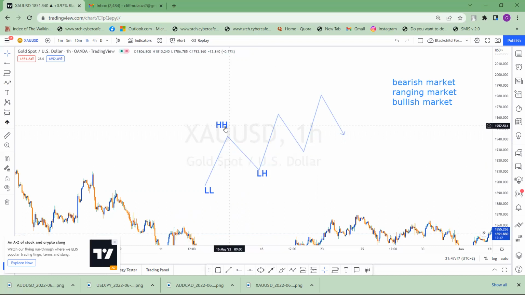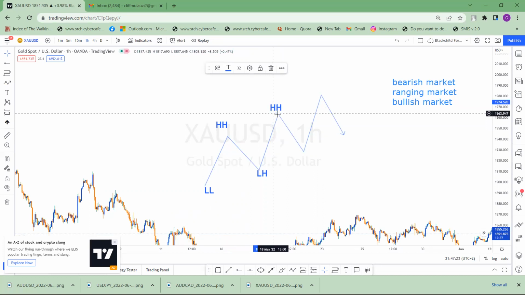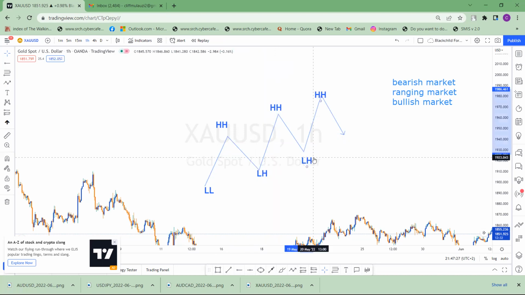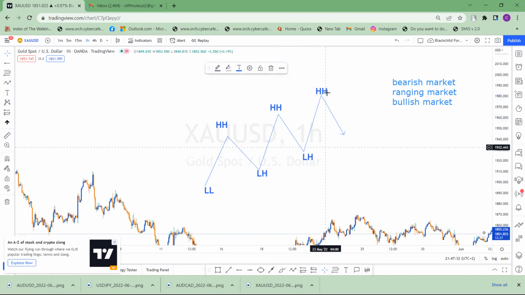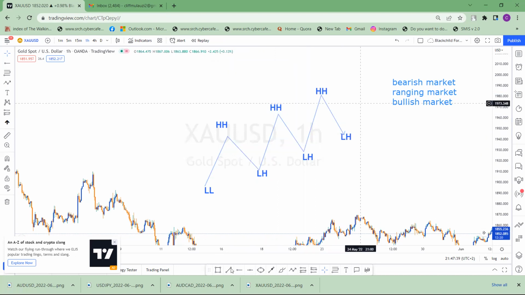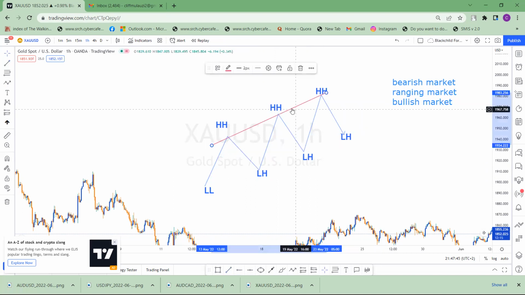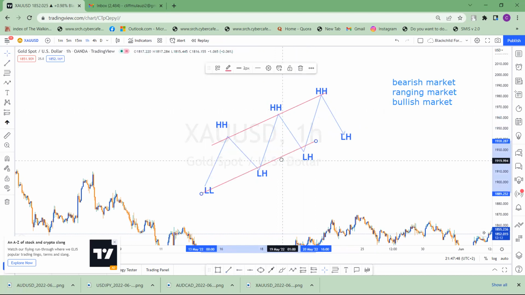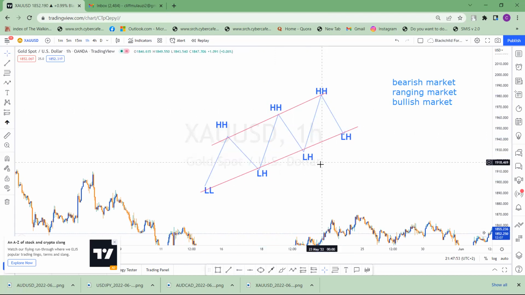And then again we have this higher high, because it's the highest price, and again we have this higher low down here because it is lower but not the lowest. So in this case the market is considered to be in a bullish trend, or a bullish momentum, or a bullish market.